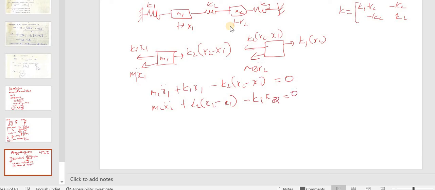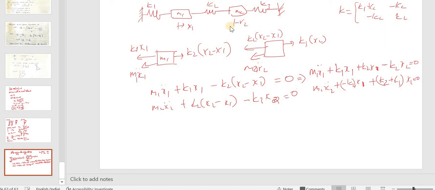Now taking the other terms: m1 x1 double dot plus k1 x1 plus k2 x1 minus k2 x2 is equal to 0. Here also m2 x2 double dot plus minus k2 x2, k2 x1, minus k2 x2 plus k2, here also k3 into x2 is equal to 0.